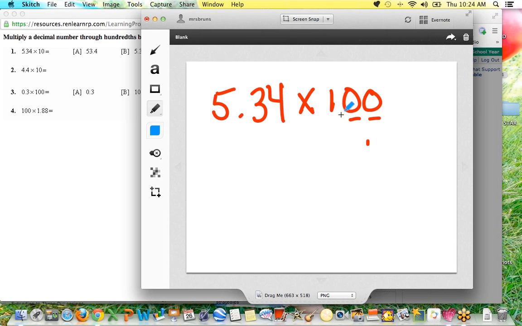I'm making it bigger because it's 100 times bigger, right? So move my decimal place over 2 times, and what does my answer become? 534. Give me a thumbs up or a happy face in the chat if that makes sense to you. Good.